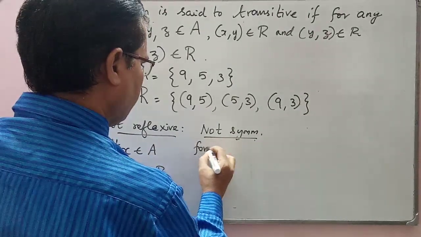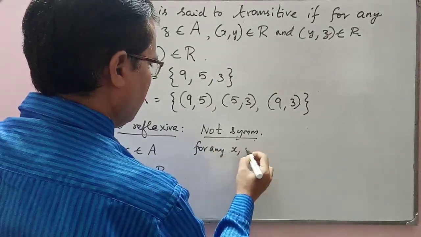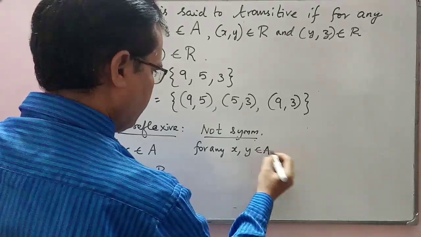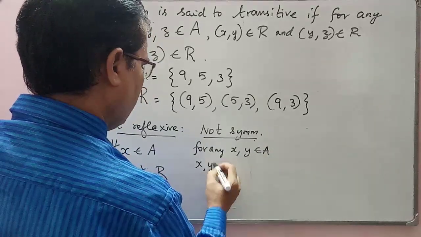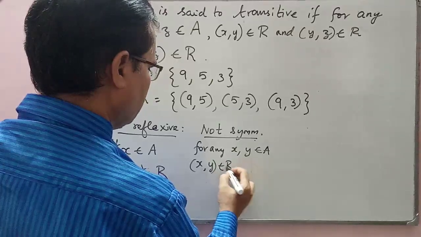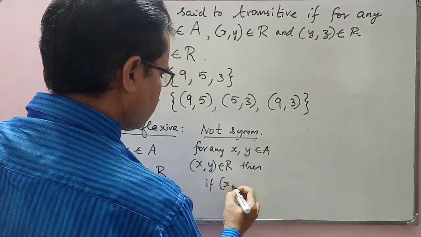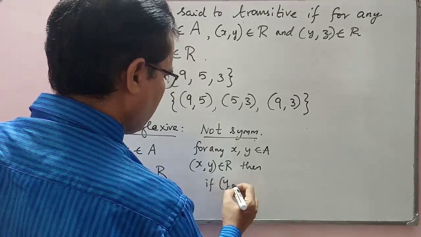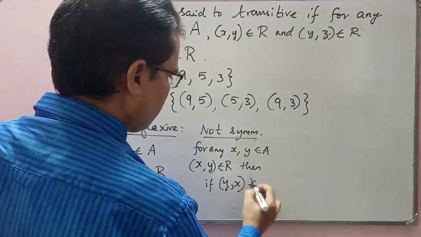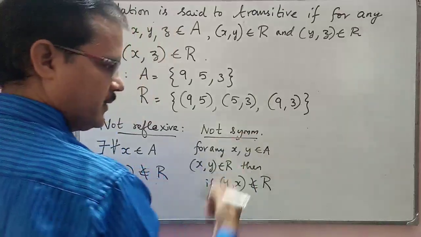Here for any x comma y belongs to A, if x comma y belongs to R, then if y comma x does not belong to R, we call it not symmetric.